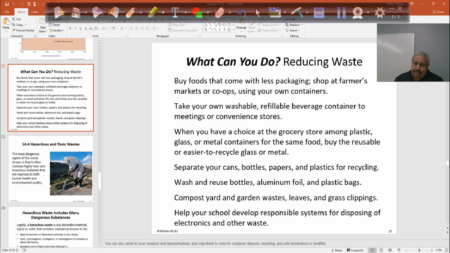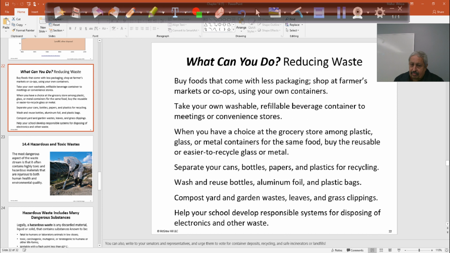So how can we manage this waste, to reduce it? Well, we can take our washable, refillable beverage container to the meeting or convenience store. Buy food that comes with less packaging.